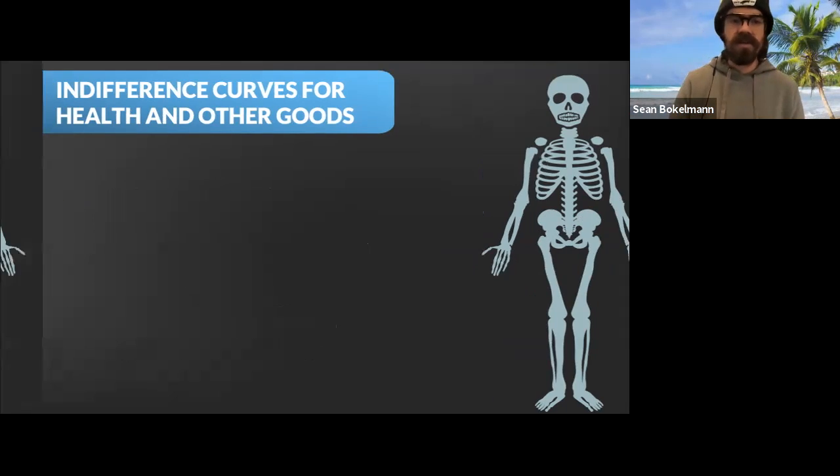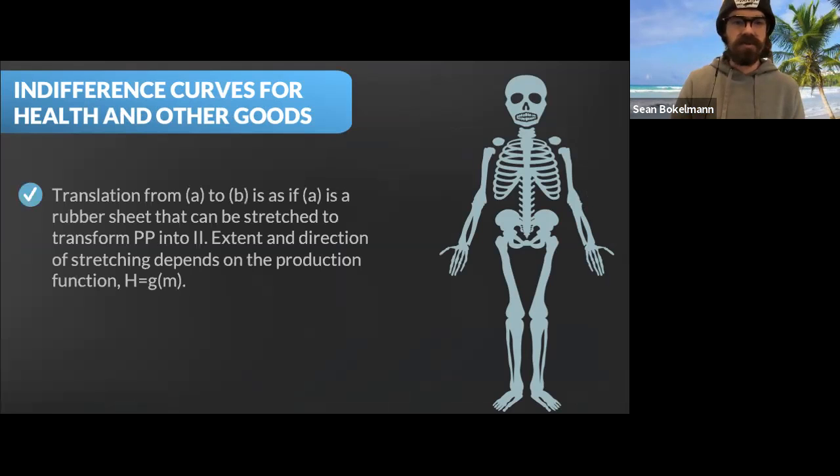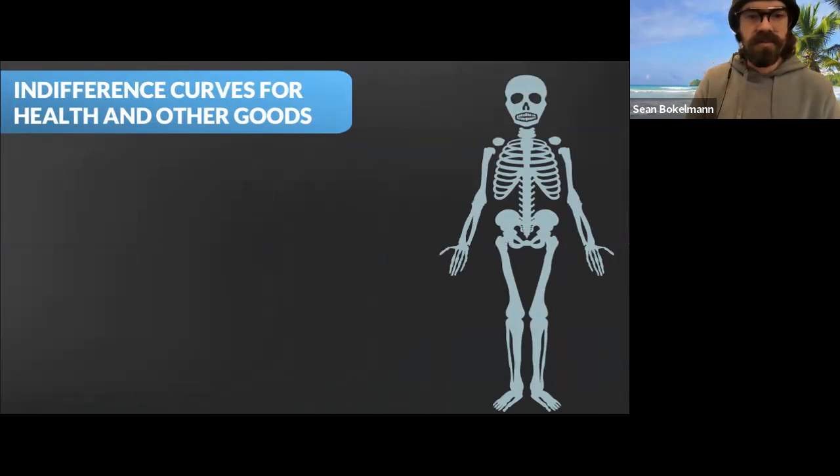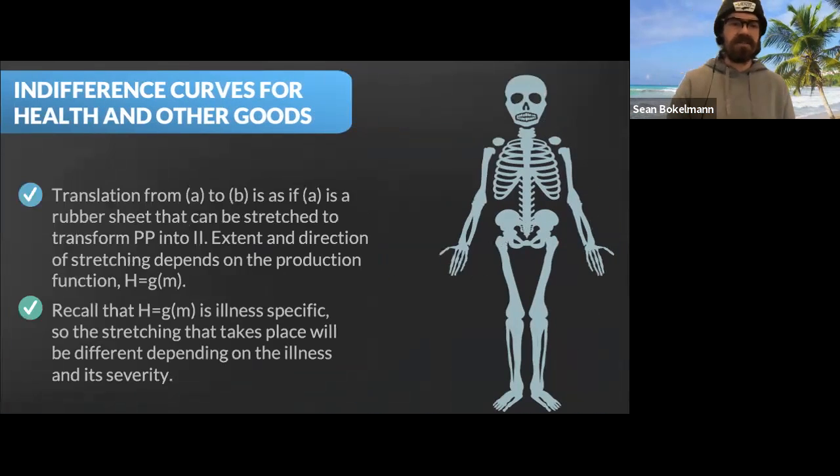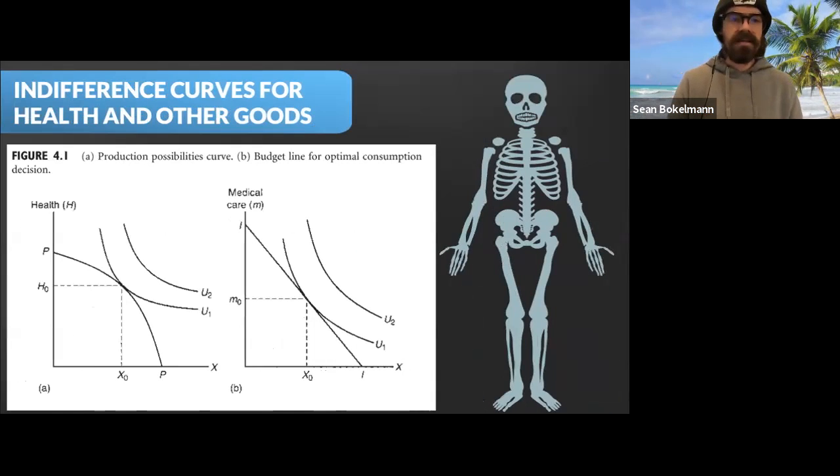So the picture that we saw here, let me go forward instead of backward. The picture that we see here, whoops, no, I guess I do have to go backward. The picture that we see here in B is assuming a particular production function and therefore a particular illness and a particular severity of that illness.